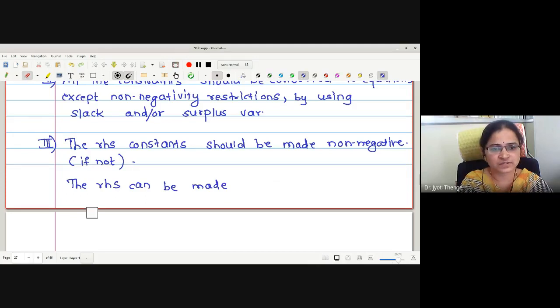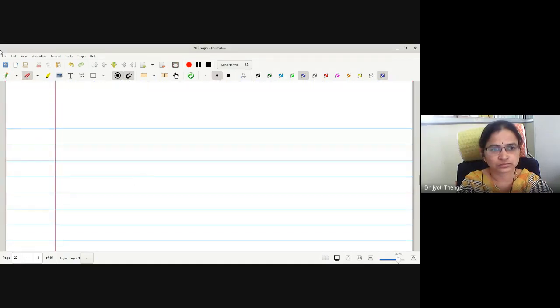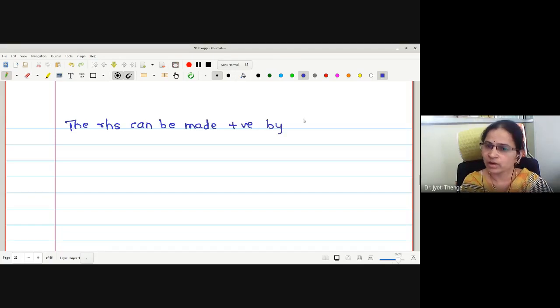Let me take it on the next page. The RHS can be made positive by multiplying the equation by -1. Correct now?